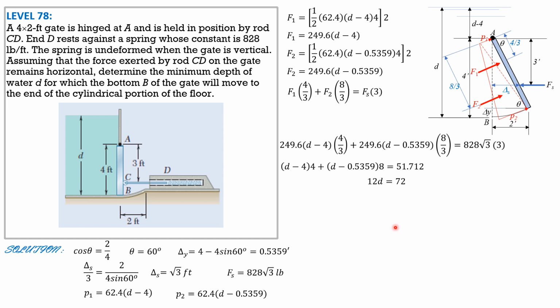Solving for D, D is equal to 6 feet, and in the figure it is assumed that D is greater than 4 feet. Since D is indeed greater than 4 feet, that's the answer, 6 feet.